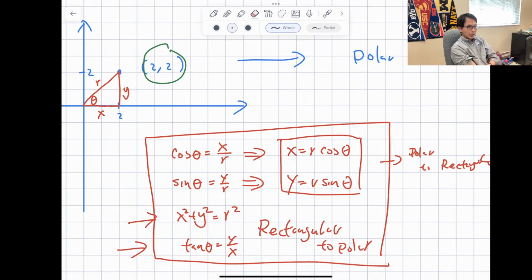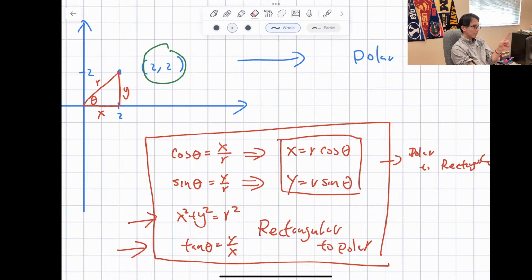And on the bottom, I have x squared plus y squared equal to r squared. Also, tangent theta equals y over x. So my objective is to change (2, 2) to a polar coordinate, and also be able to change back to rectangular coordinates. So you can convert from one coordinate to the other and then convert back.